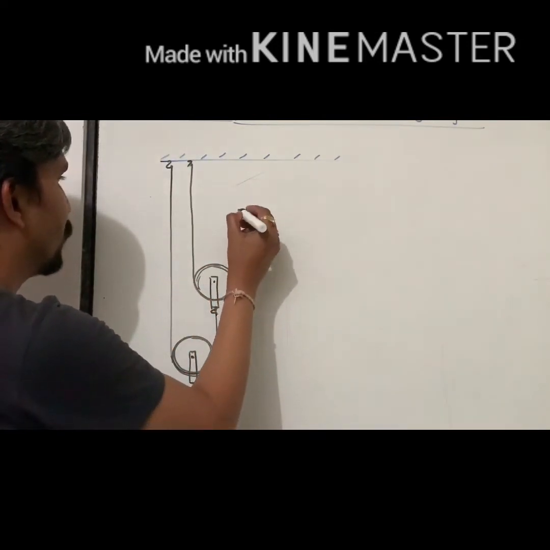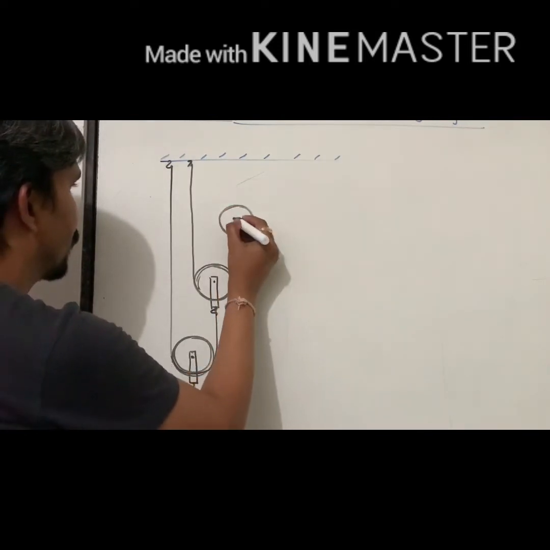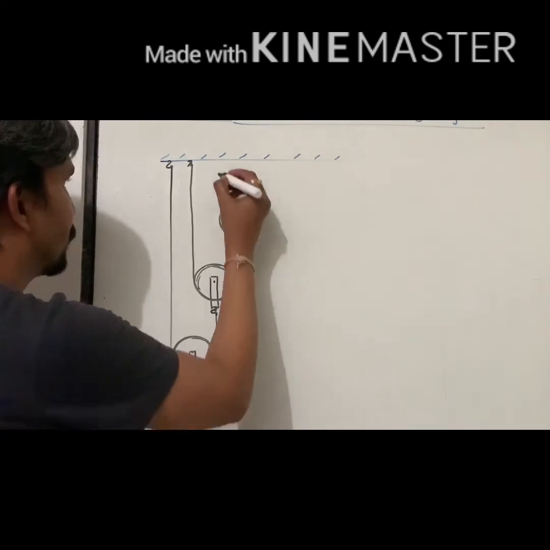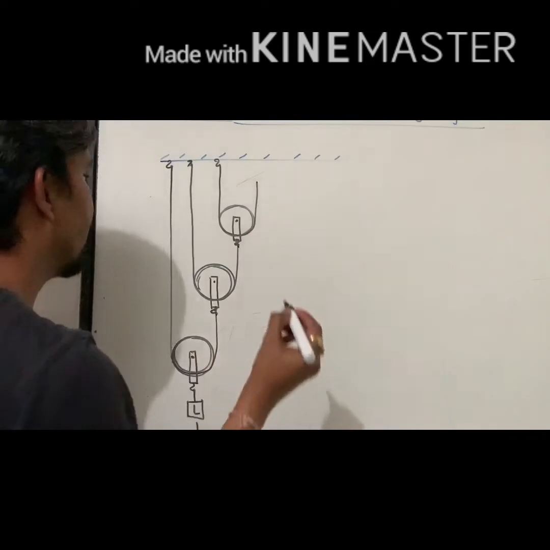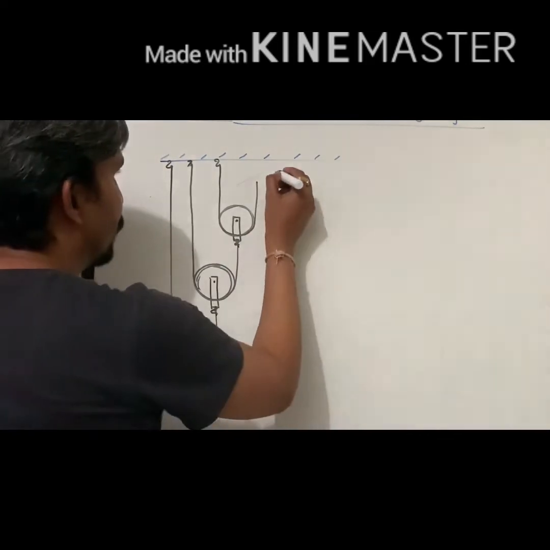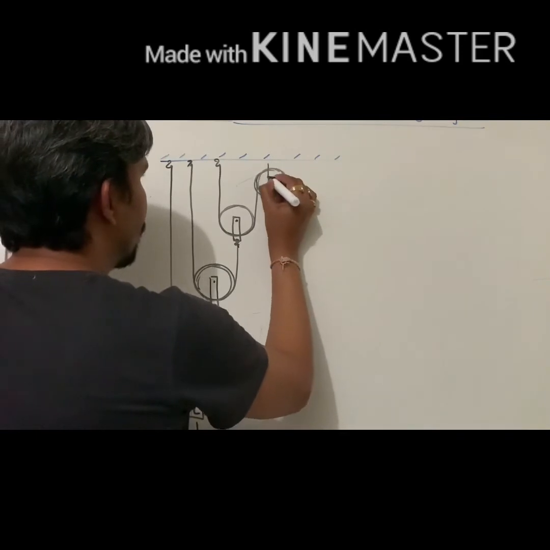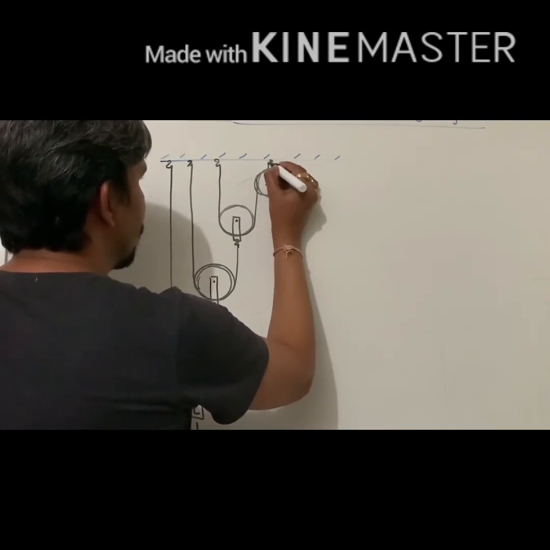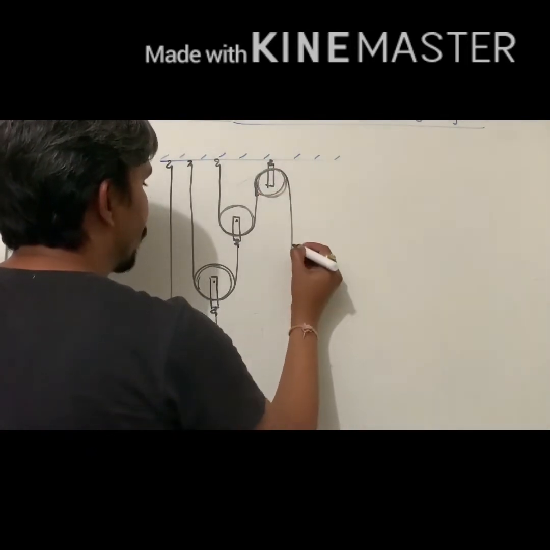This is the third pulley, with the frame and hook attached with the other terminal. And here is the last pulley, which is fixed to a rigid support with double grooves. Here is the hook attached, and then this will be coming like this.